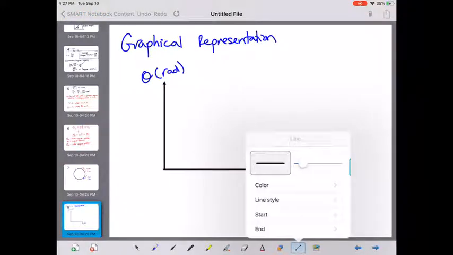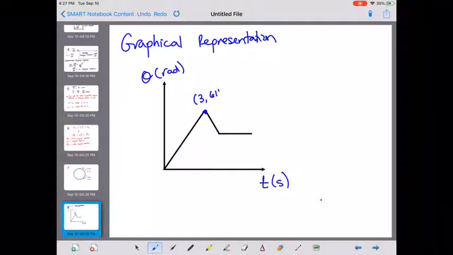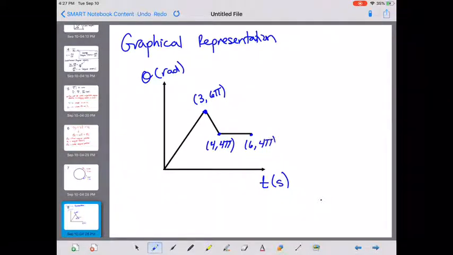Let's say that we've got up to here, then we come down, and then we go here. All right, and let's define some points here. Let's say that this point right here is going to be 3 seconds at position 6 pi, and this right here can be 4 seconds at position 4 pi, and this is 6 seconds at position 4 pi.